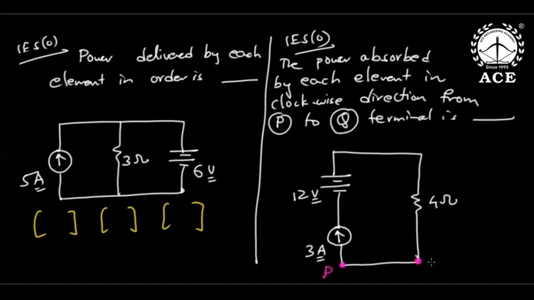This is Q. Now see the question: power absorbed by each element in clockwise direction from P to Q. So P to Q means first this, second this, third this. To answer both these questions, read the question and write the answers immediately.